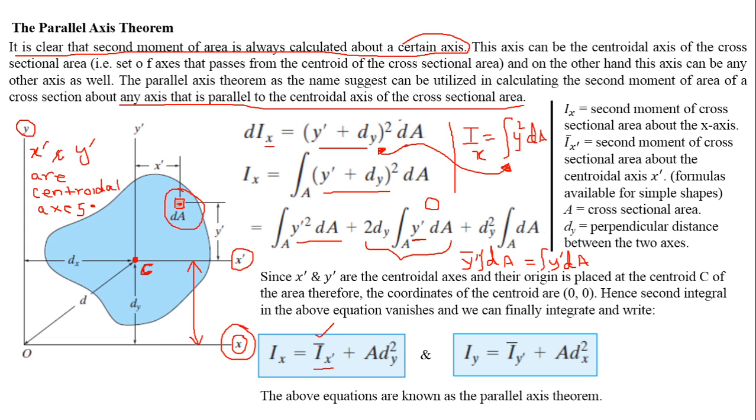If you take this integral of dA in the denominator here, you will see that this becomes the formula for the y coordinate of the centroid of this cross section. And since the centroid is located at the origin of this cross section, this y prime bar is actually 0.